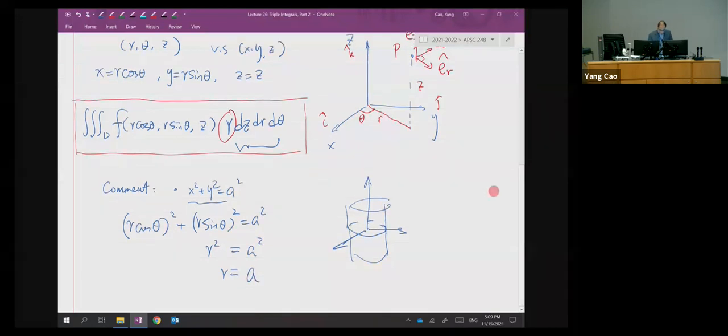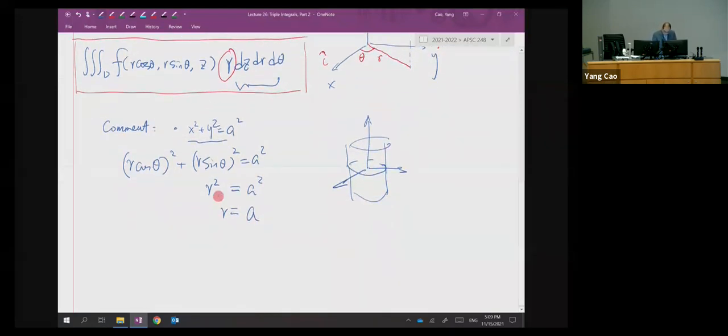Which means the next time I give you an object represented by r equal to a, in your head, depending on the question, if this is a 2D question, then it's a circle, right? But if this is a triple integral, then r equal to a, you should visualize as a cylinder.